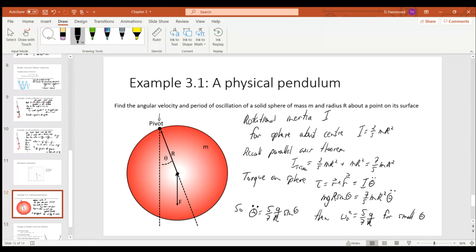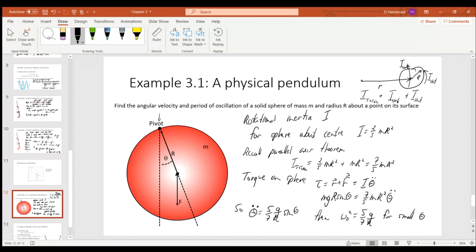Basically, it tells us that if you have some object with radius r, the total moment of inertia is the moment of inertia of the orbital part plus the moment of inertia of the intrinsic part, I orbital plus I intrinsic.